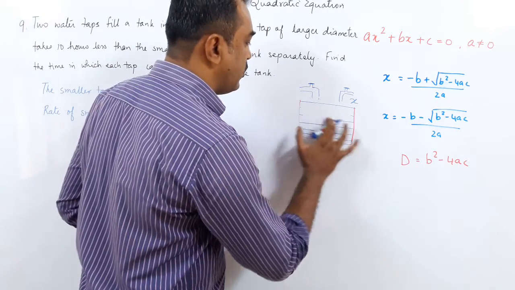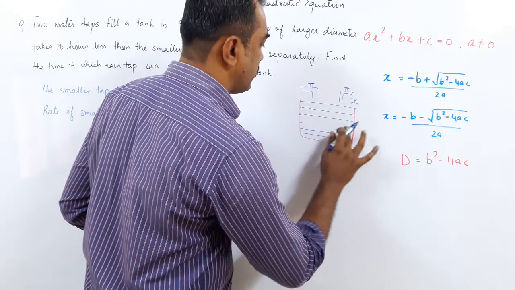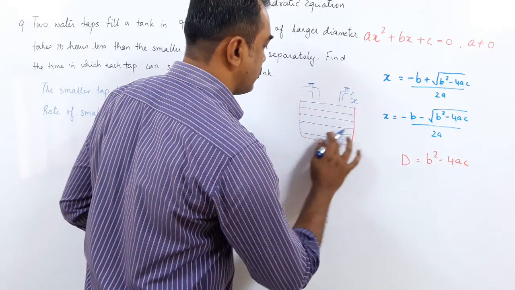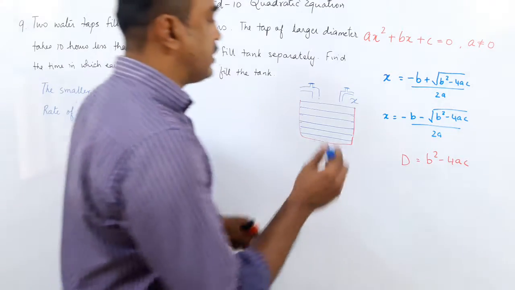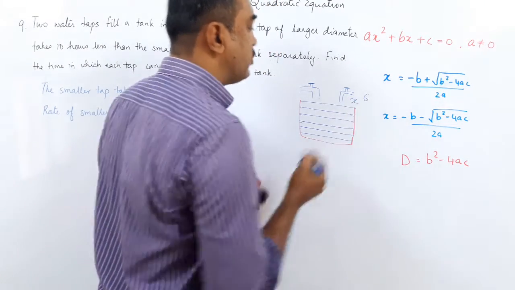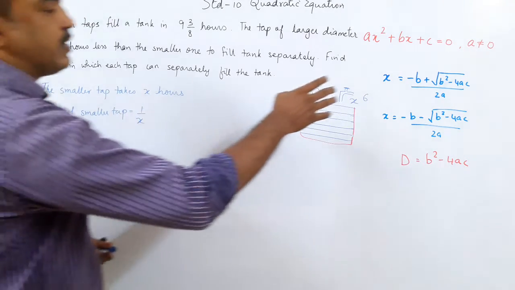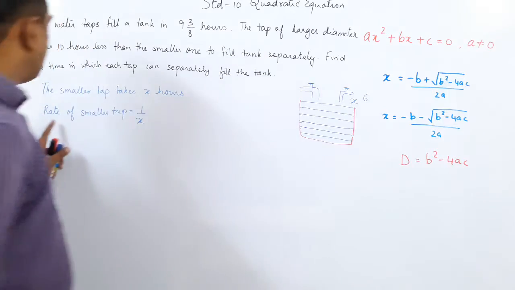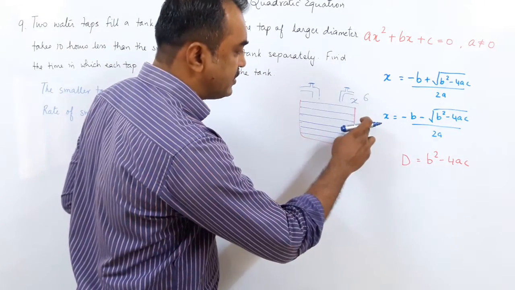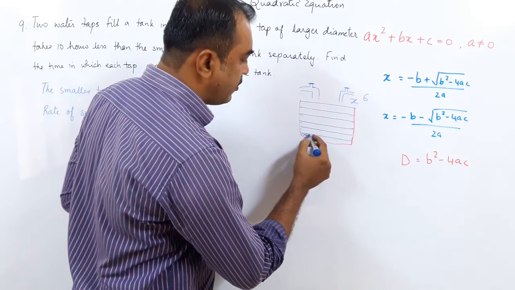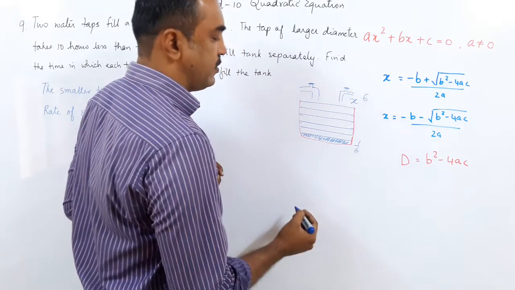Okay, are you following what I am doing here? What I am trying to do here, let me try to explain. I have taken x equal to 6 hours, means the smaller tap takes 6 hours. Now what is the rate of doing work? Suppose this tap took 6 hours, then in 1 hour it will fill up 1/6 of the tank.